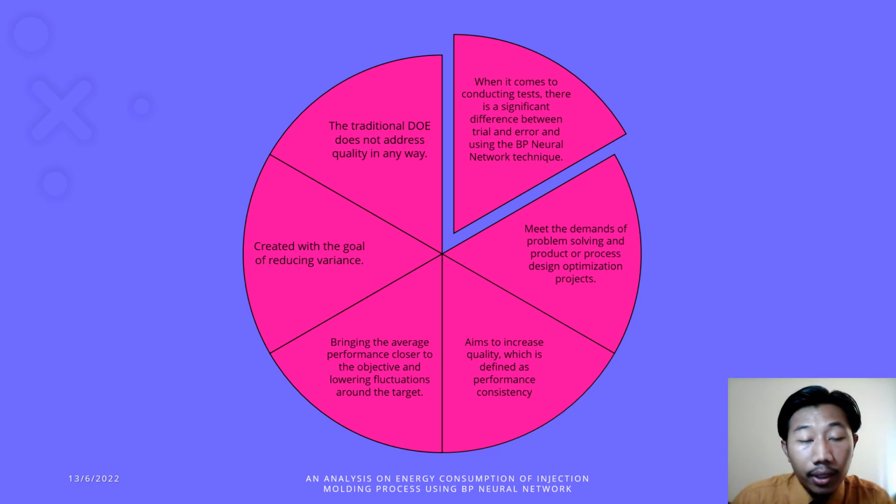Where variety is eliminated, consistency is established, so this may be accomplished by bringing the average performance closer to the objective and lowering fluctuation around the target. So the BP neural network experimental design approach was created with the goal of reducing variance. As a result, this method is focused on achieving the quality target at each phase. The traditional design of experiment does not address quality in any way.